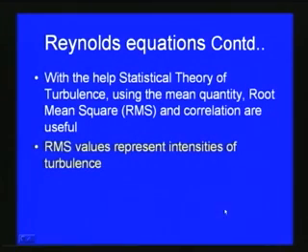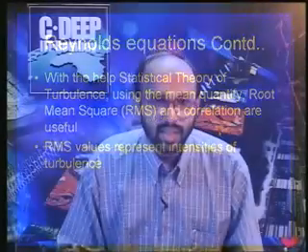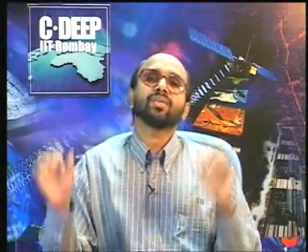So, generally, to get a mathematical solution is very difficult. So, in the turbulent flow solution, what generally the scientists do is they use some of the statistical theory of turbulence, some of the probability aspects and statistical theories.